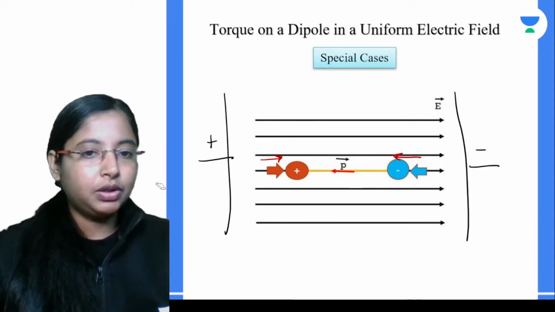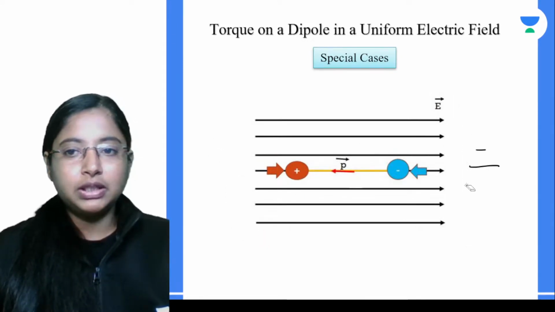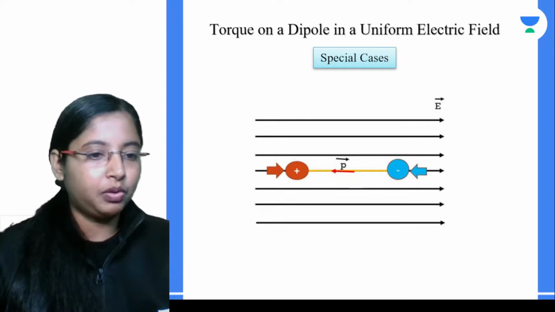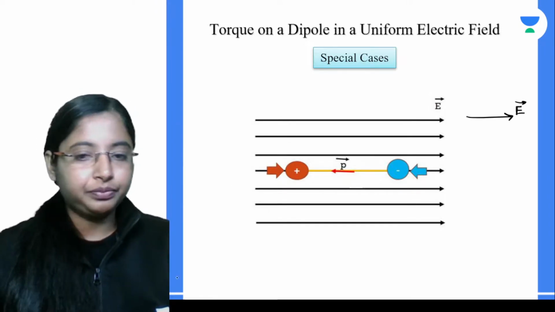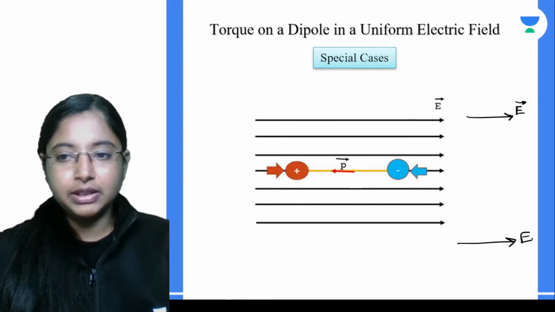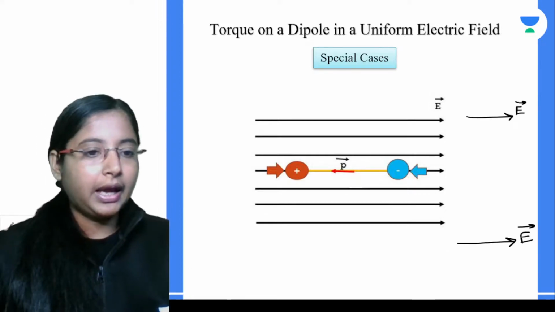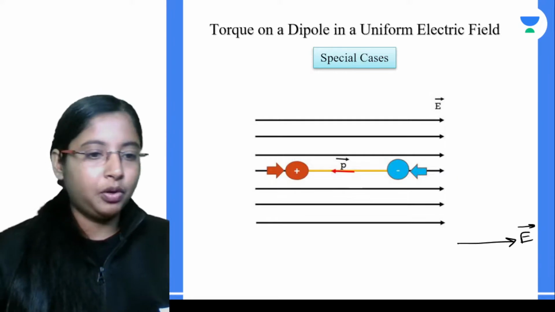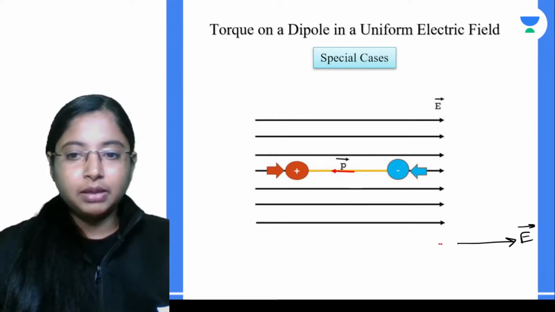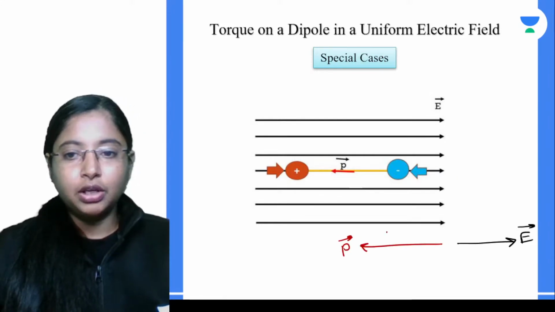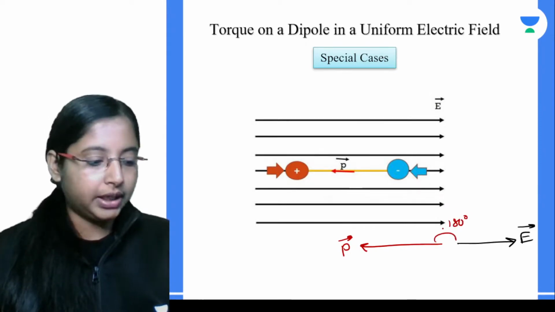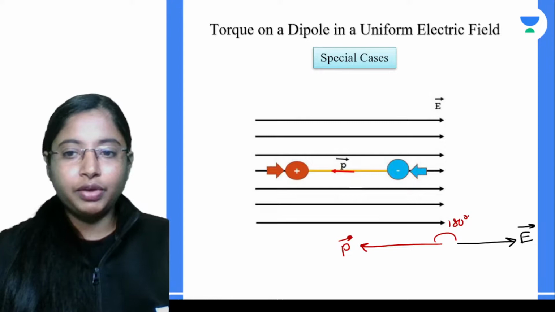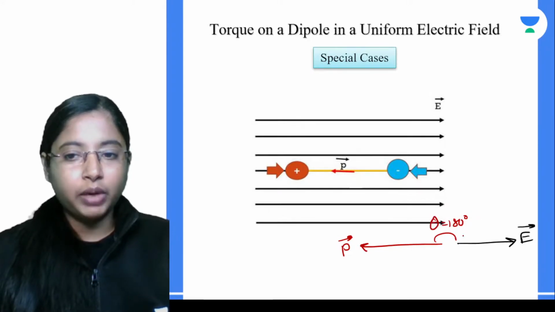Now think about the direction of the electric field relative to the dipole moment. The electric field is in this direction, and the dipole moment is in the completely opposite direction, so the angle between them becomes 180 degrees. Theta ends up being 180 degrees.